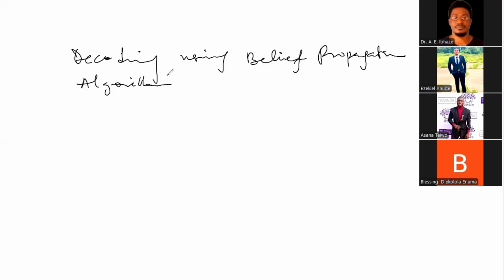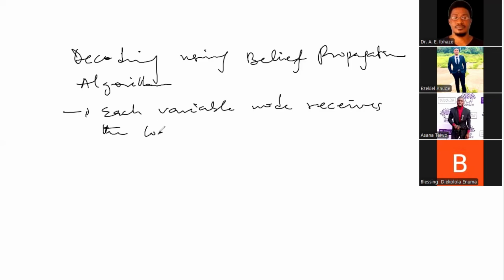So in this case, we want to perform the initialization such that each variable node, we already established the mapping, will now receive the log likelihood ratio of received bits.